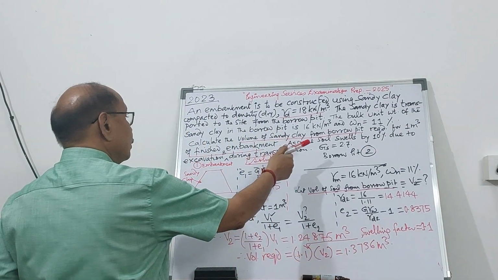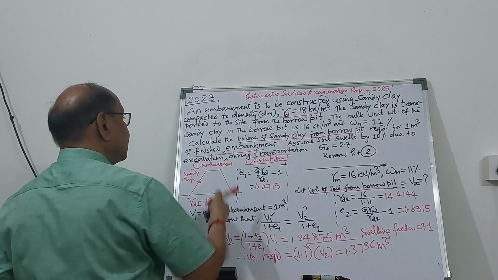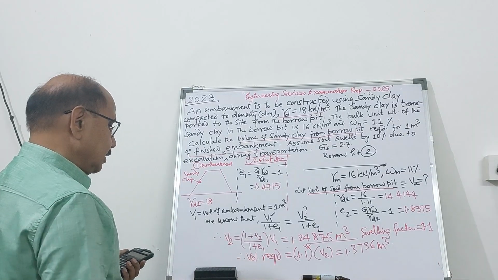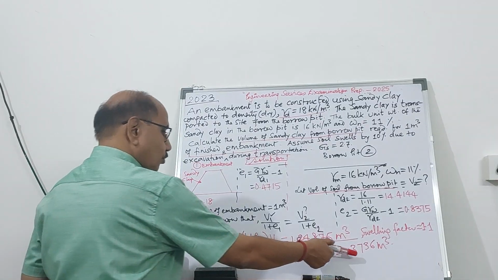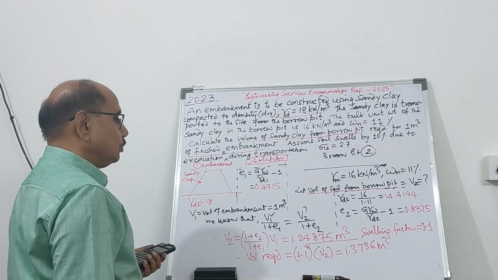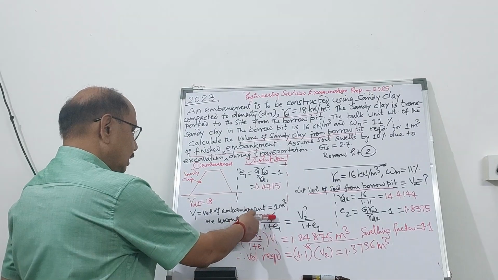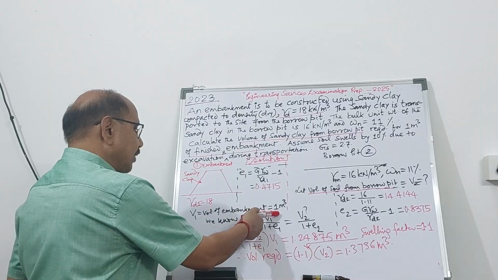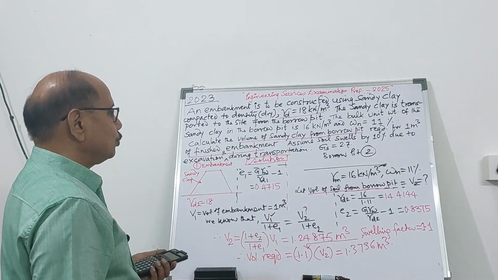So when you bring this for finished embankment, the volume required will be this much to construct the volume of embankment of 1 meter cube.